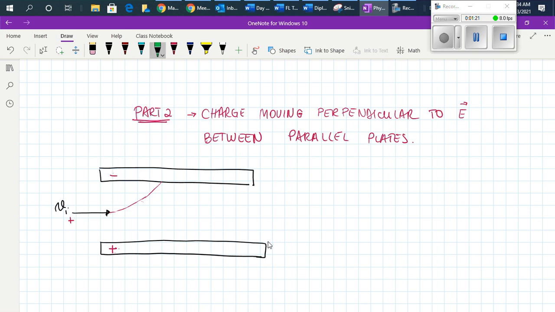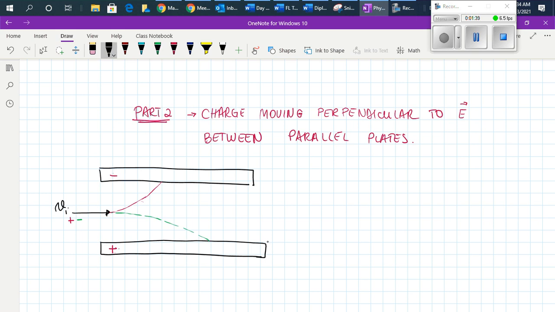And if we have a negative charge, let's say an electron, or even an ion, then the natural path will be something like this.